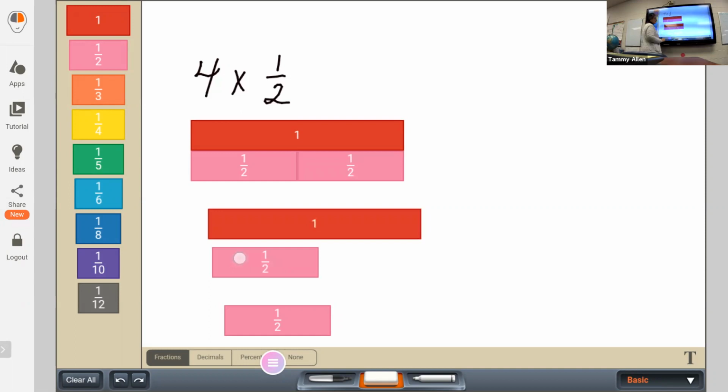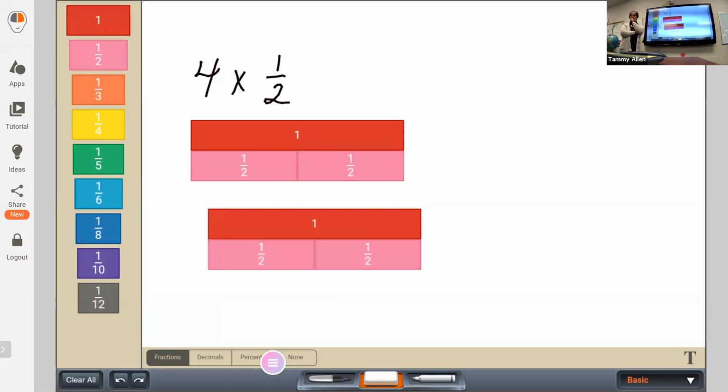So our answer would be 2. Okay? And by doing that, I can see that you have connected the pieces together and that you came up with 2. All right?